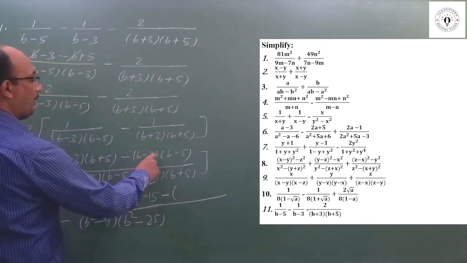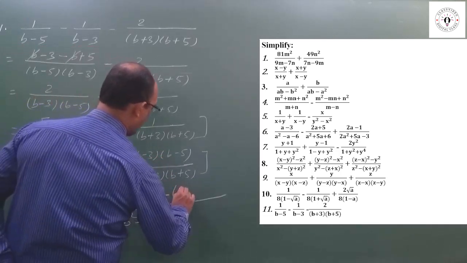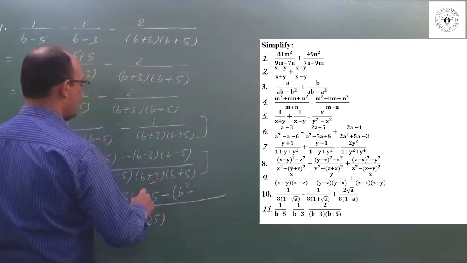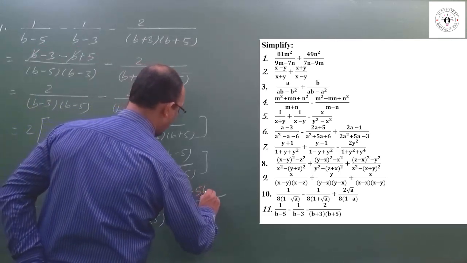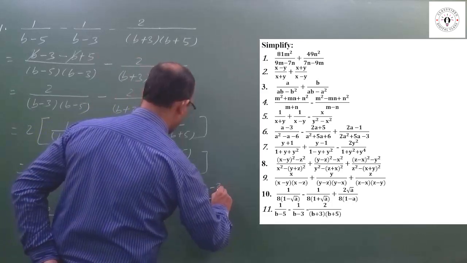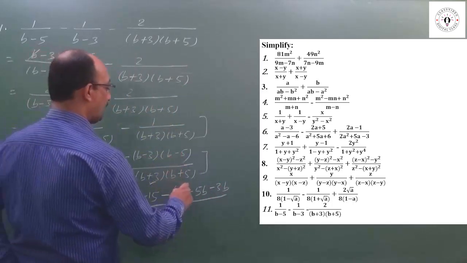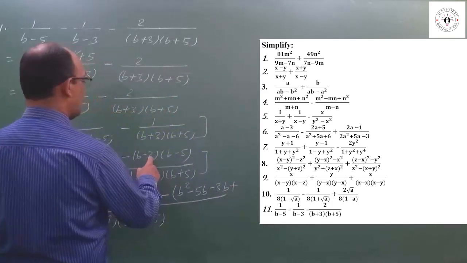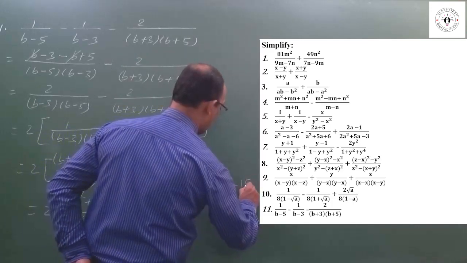So firstly, I'm multiplying by b, then this becomes b square minus 5b. Now multiply by minus 3, then this becomes minus 3b, minus minus plus, 15.